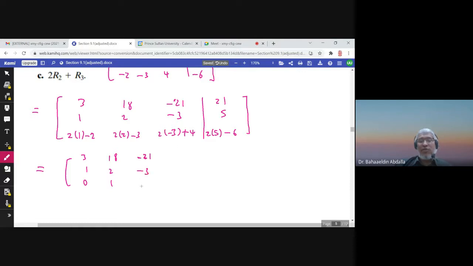Negative 6 plus 4 is negative 2. 10 minus 6 is 4. So this operation changed row 3 into this one.